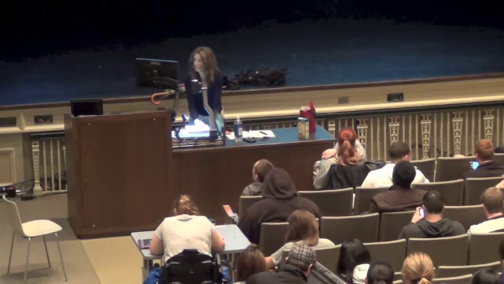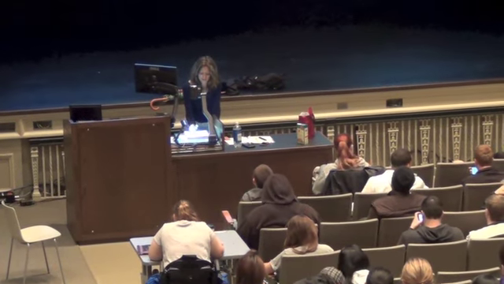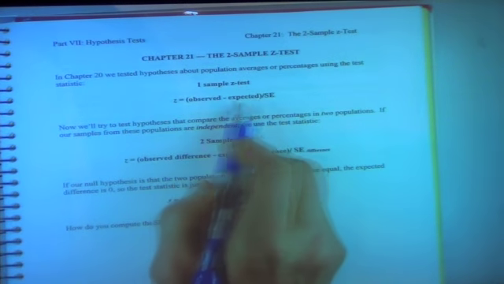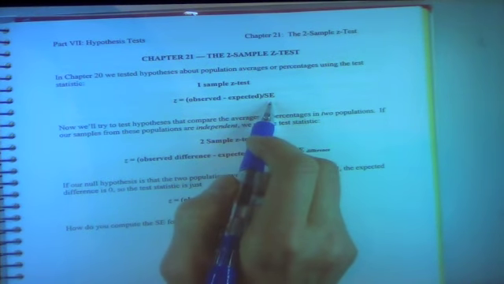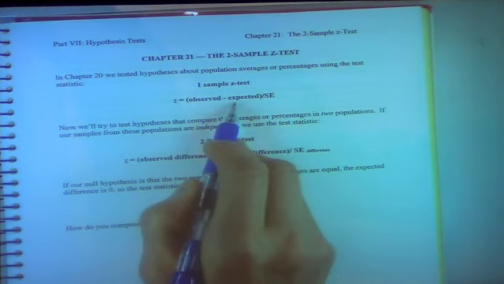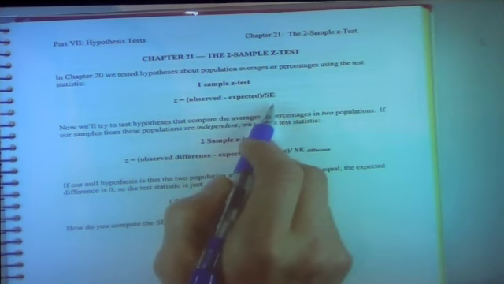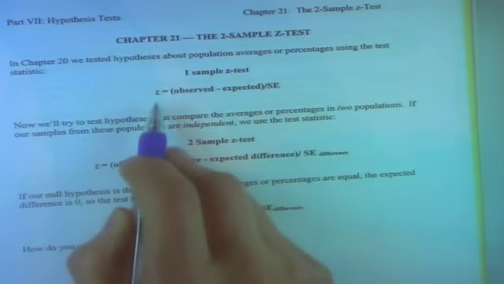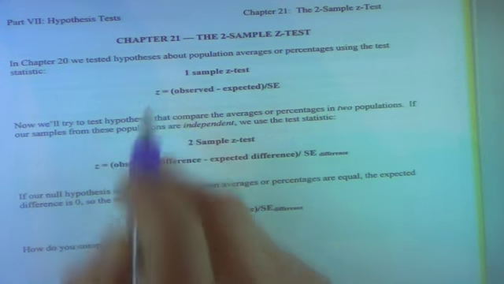In chapter 20, we tested hypotheses about population averages or percents using this statistic: observed minus expected over the standard error. This is the difference we see, and we don't know if it's big or small until we compare it to a standard error. Or we used the t-test when we had a small sample size.